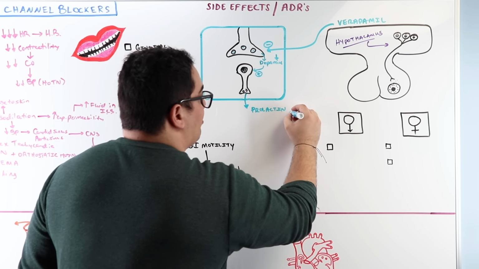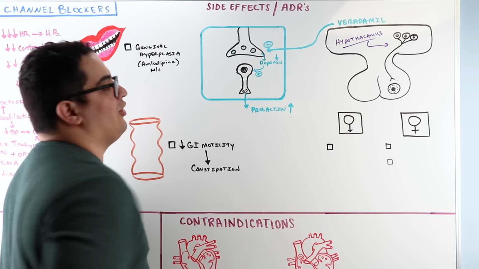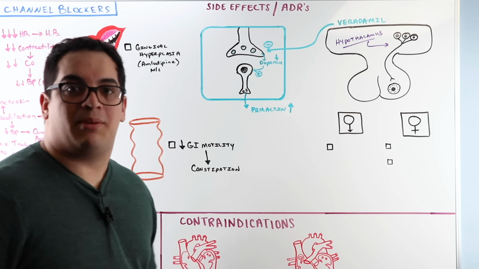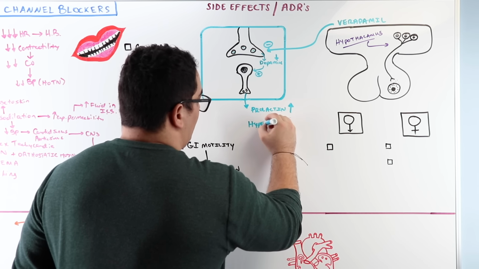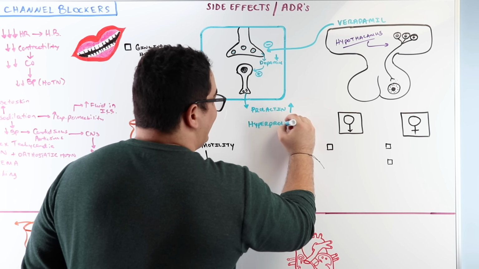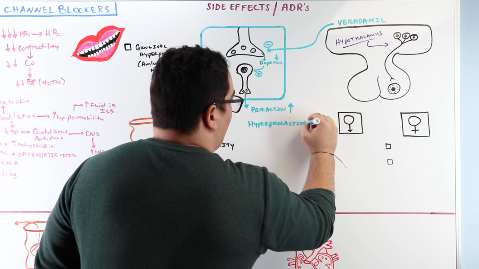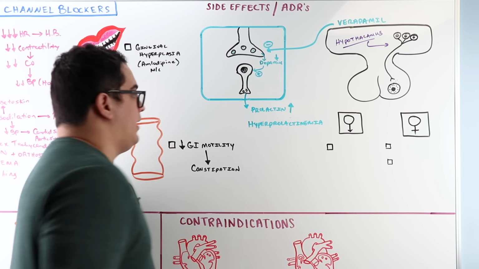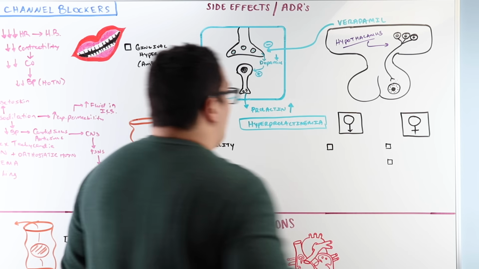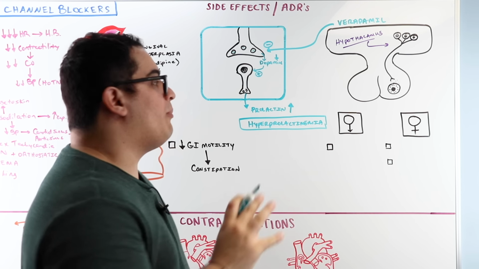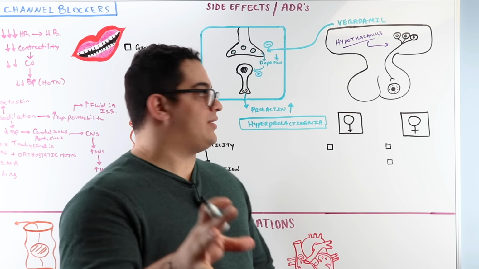And now the prolactin production will start to increase. What do we call this whenever someone has elevated prolactin levels? It's called hyperprolactinemia. All right. I think I spelt that right. Hyperprolactinemia. Now, that can produce different types of clinical manifestations in the different sexes, right?